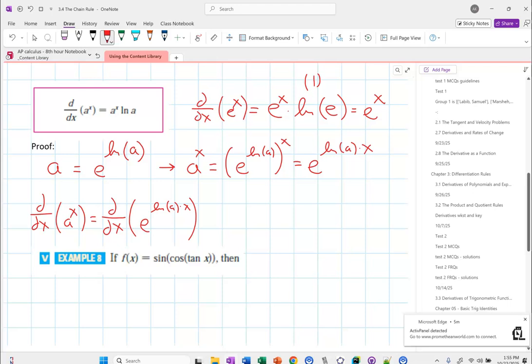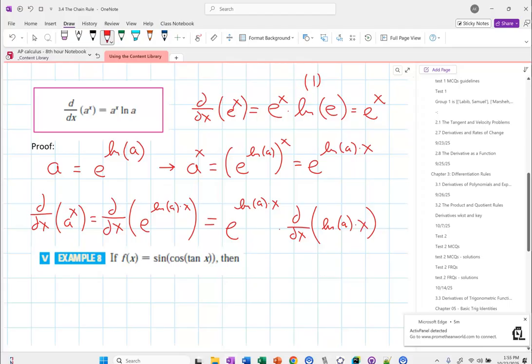Very good. That's a composition. The outer function is e to the x, and the inner function is natural log a times x. So if I apply the chain rule, I have that. Everybody feel good so far?